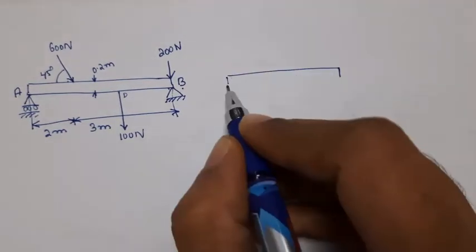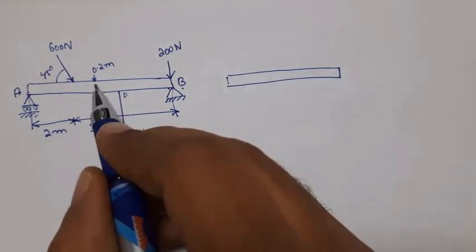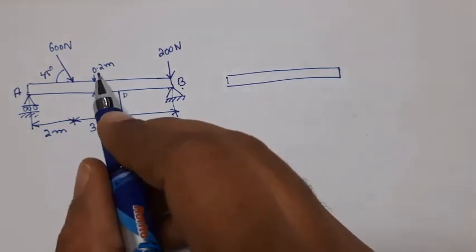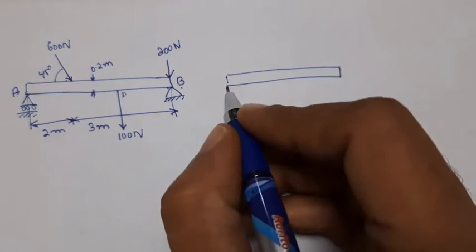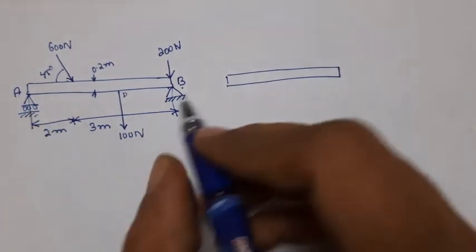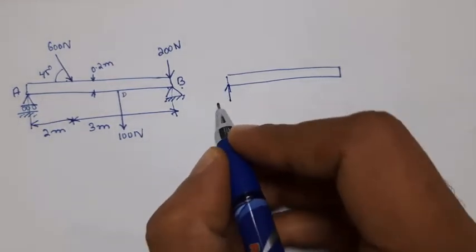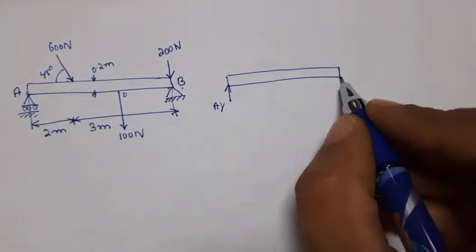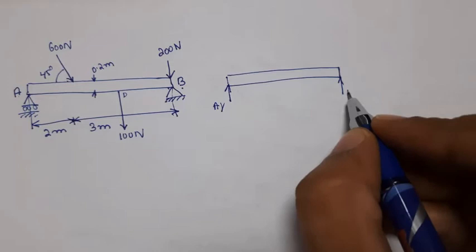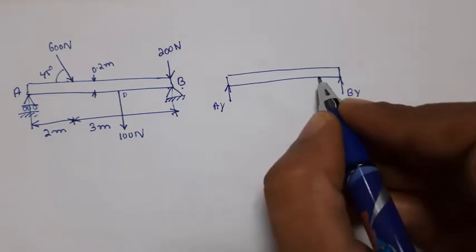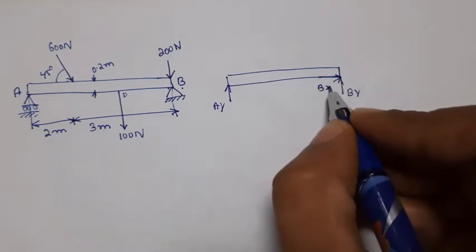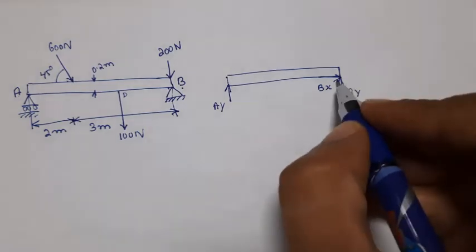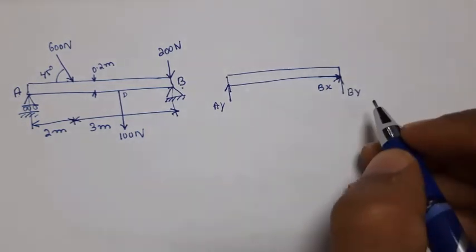One thing that has been given here is the thickness of the beam, that is 0.2. Roller support has one reaction, AY. Hinge support has two reactions, BY and BX. So there are two supports acting here.